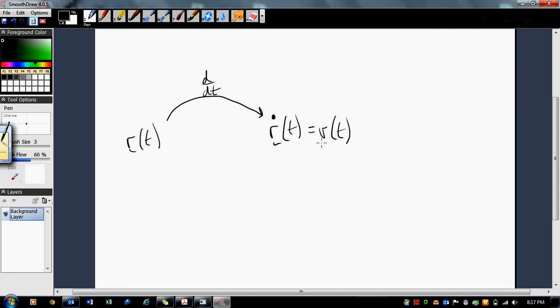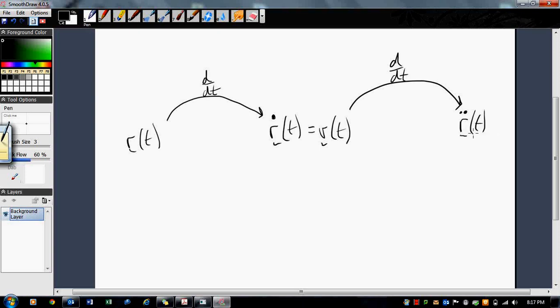I'll put a tilde on it because it's a vector. If we differentiate again, we end up with r double dot of t, the second derivative of our position vector, and that is the acceleration. You can write it as acceleration, but in most of your exams it'll be written r double dot.